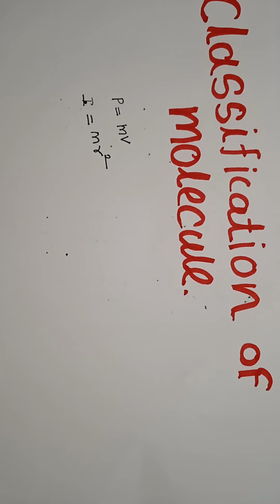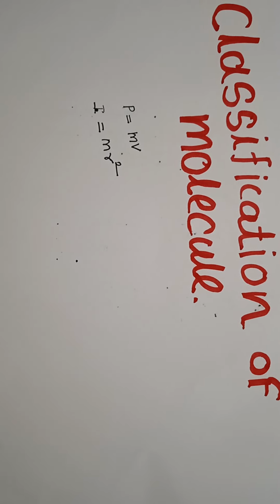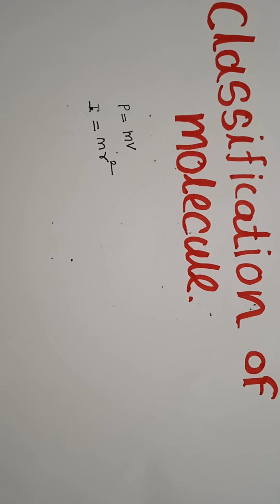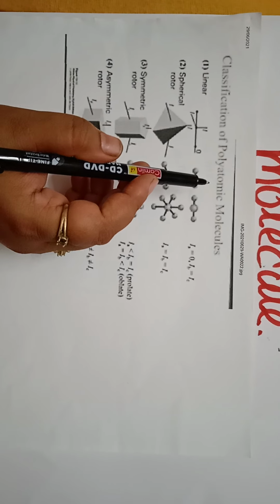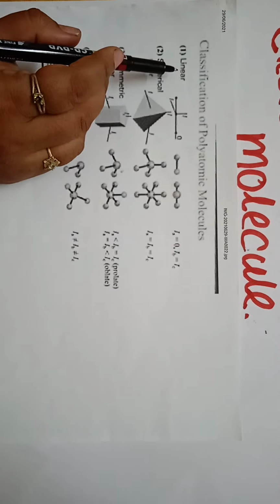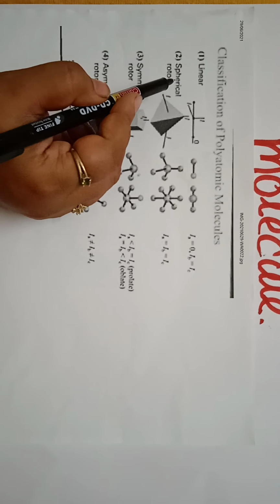Let us come to the point. The rotation of molecules is classified in four ways: linear, spherical, symmetric, asymmetric.